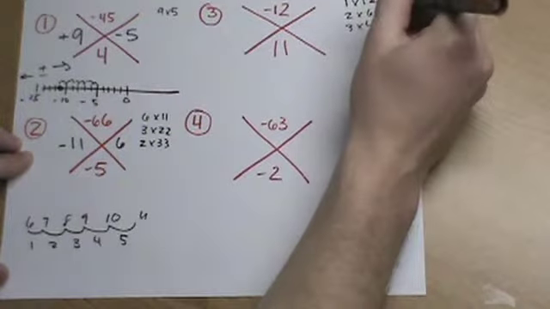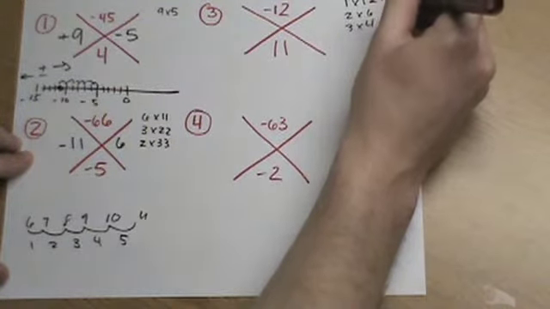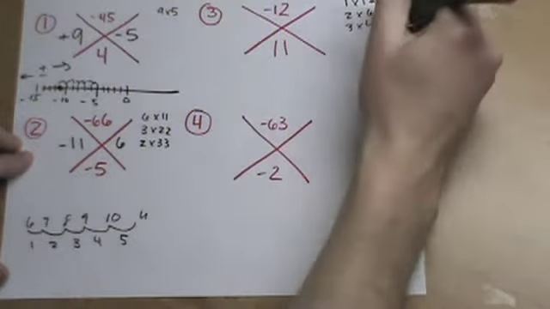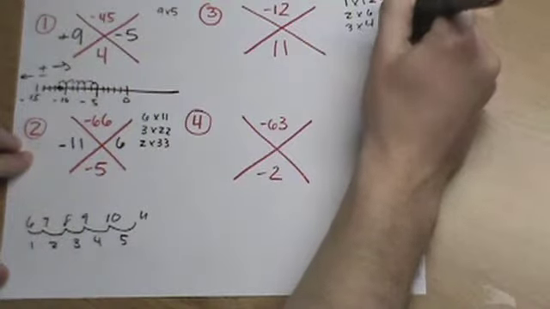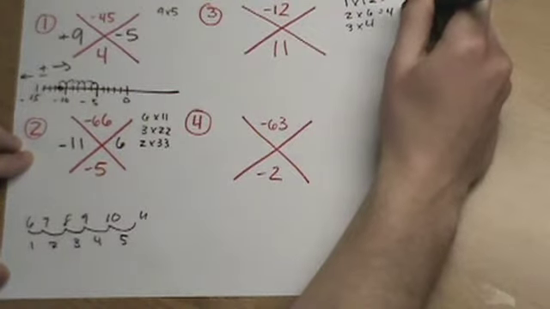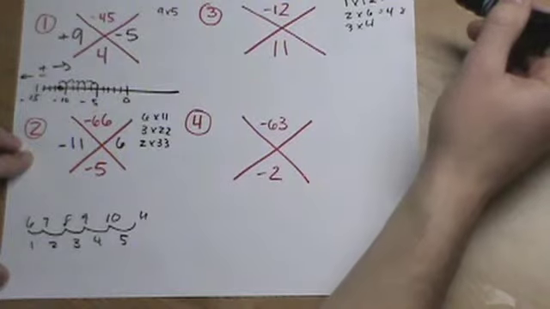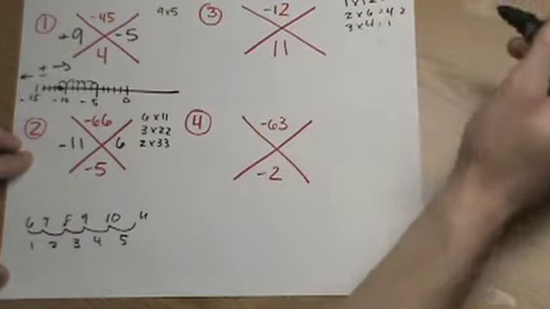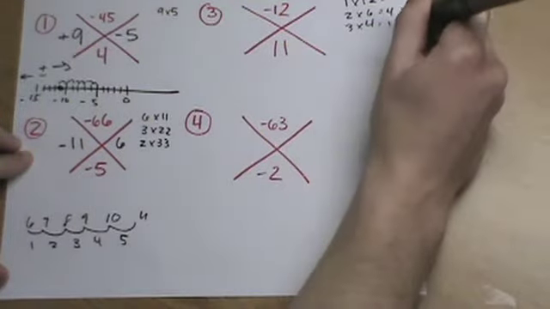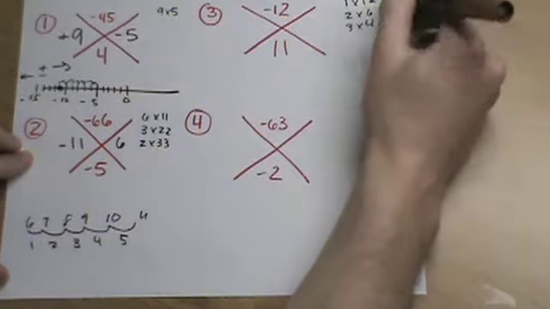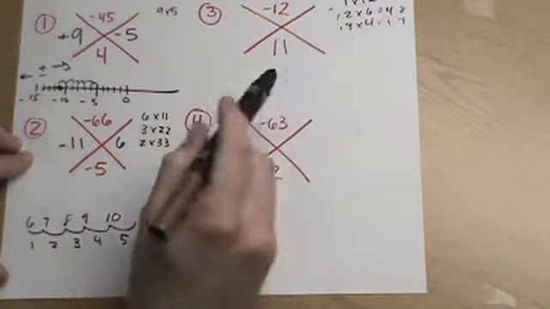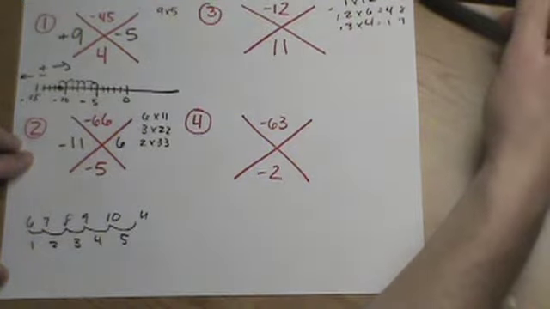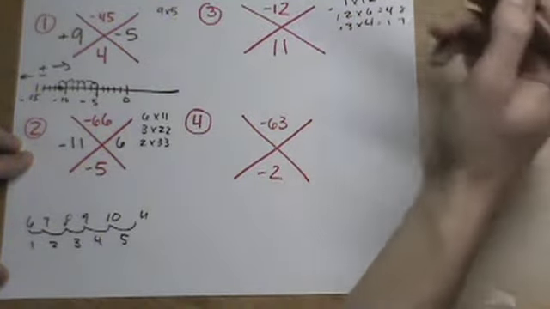Well, 1 and 12 have a difference of 11 and can be added to 13. 2 times 6 can be a difference of 4 or add to 8. And 3 and 4 could be a difference of 1 and 4 plus 3 is 7. So which one of these pairs has an 11, either in the difference column or in the sum column? Well, 1 and 12 do.